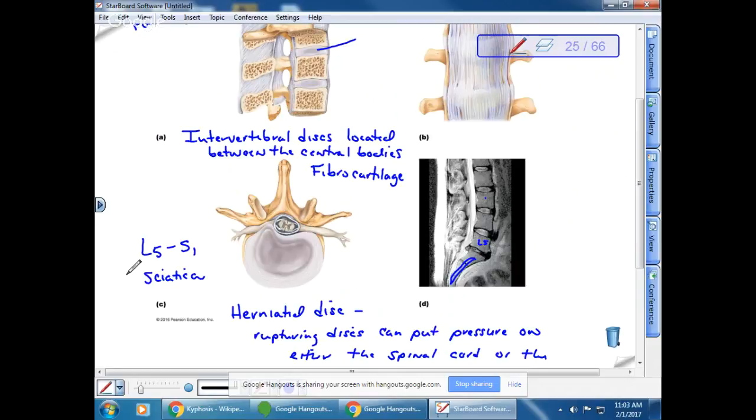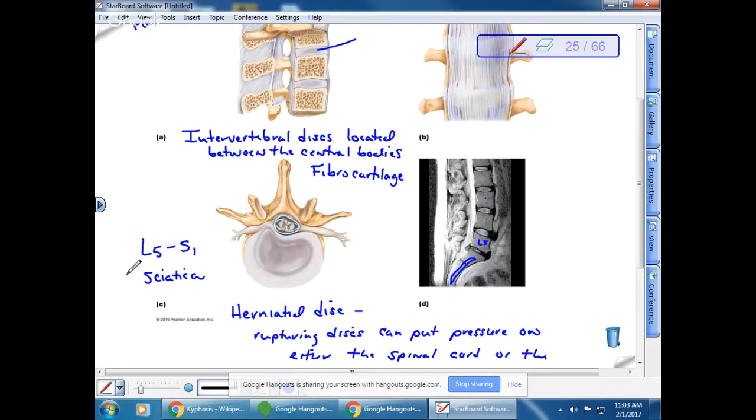So sciatica is where you get that pain that comes down in one side of your butt and then comes down all the way, and you can feel a burning or a tingling or a painful sensation all the way to your toes, because your sciatic nerve is actually exiting there, right? It's actually coming down through there, and that herniation can put pressure on that. Okay? So that's the most common. So one thing that they can do is they can actually go in, and I actually had to have this done.